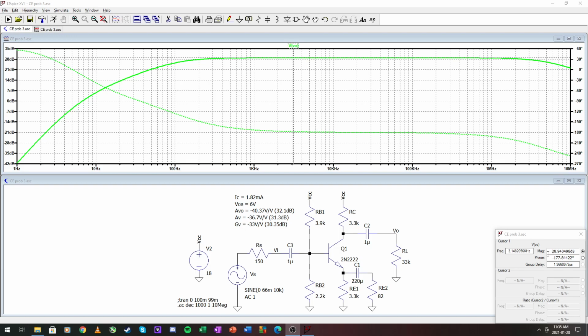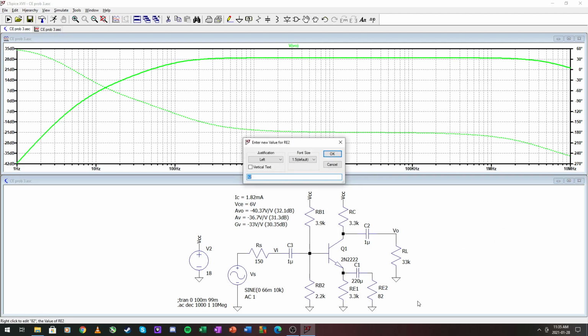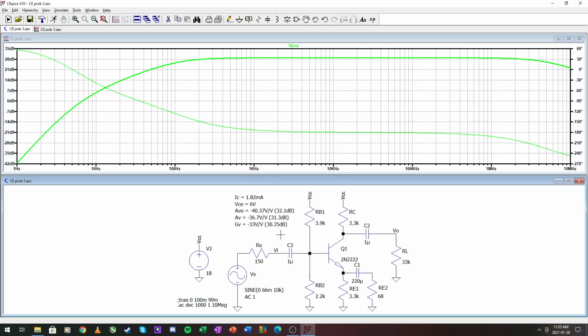Yeah, 28 volts per volts and 28 decibels is actually one of those values that is on top of one another. So yeah, that will decrease our gain too much if we select this 82. So let's go with the 68.